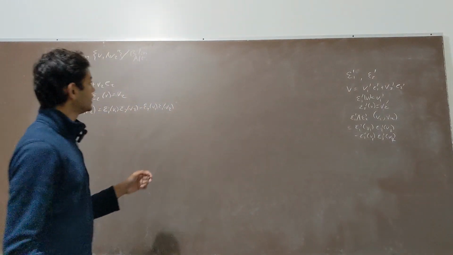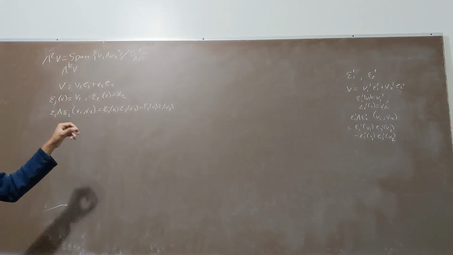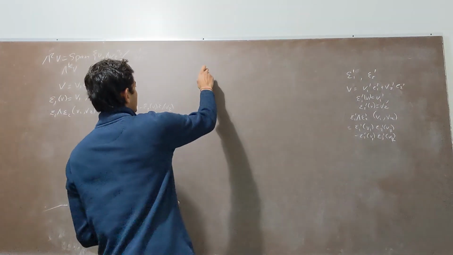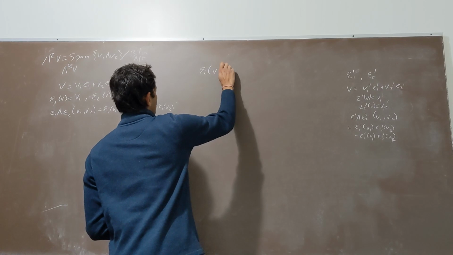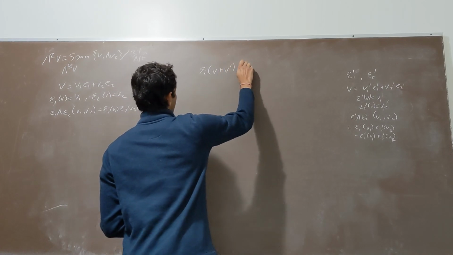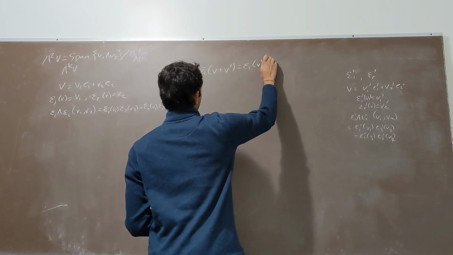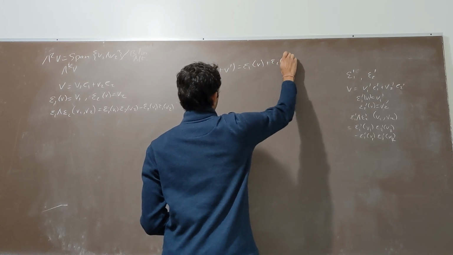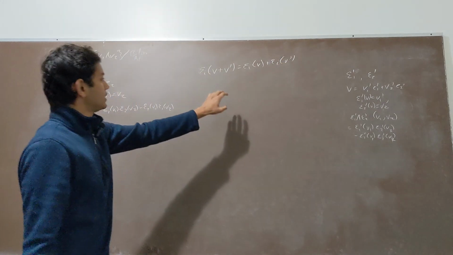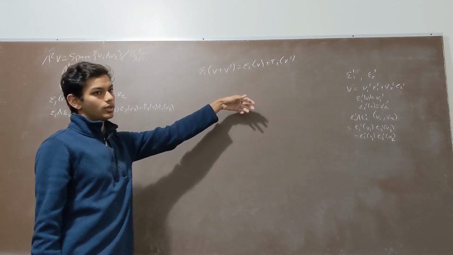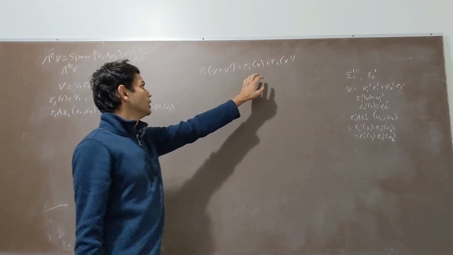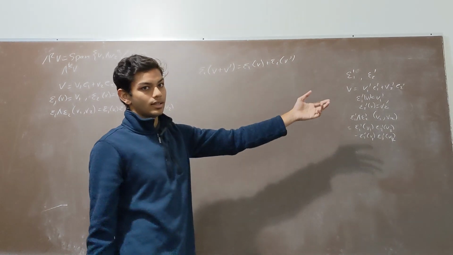Okay, so notice that from the definition of the epsilon i's, it's pretty clear that epsilon i of v plus v prime is equal to epsilon i of v plus epsilon i of v prime, right? Because all you're doing is adding up the coefficients. You can either add up the vectors and then look at the coefficient, or you can look at the coefficients of each vector and add them together.